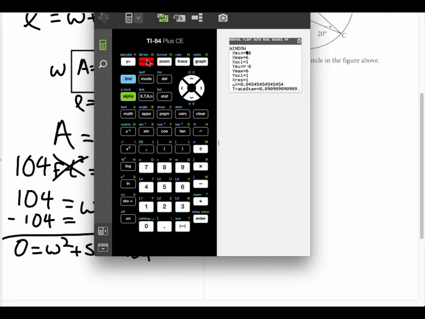Now I'm going to go to the window. Let's just do zoom fit, which is option number 0, I think. Yep, 0. And there it is. Now I'm going to expand it a little bit. Let me hit trace here to see how far down we are.